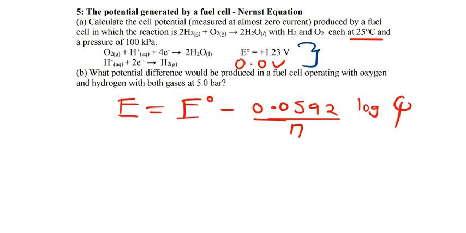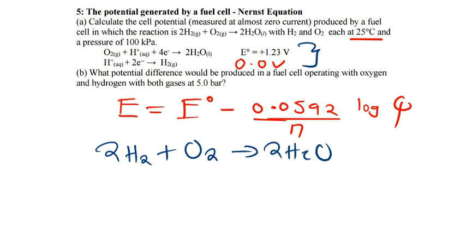Our Q, of course, is the same as the calculations of K from equilibrium. Now this is at any point. So in this case specifically we're dealing with pressures. If we come up with a balanced equation for our reaction, that's a balanced equation: 2 hydrogen reacting with oxygen to give us water.